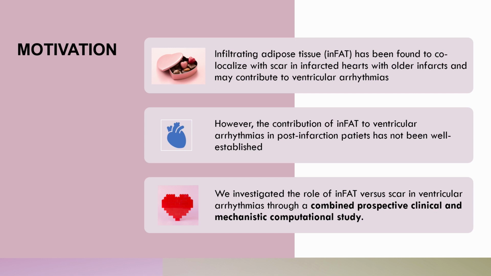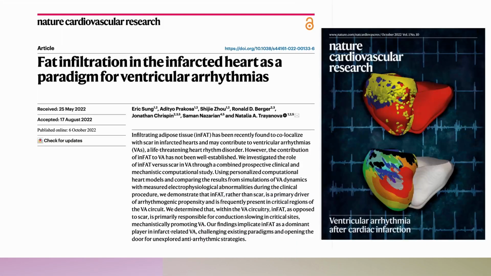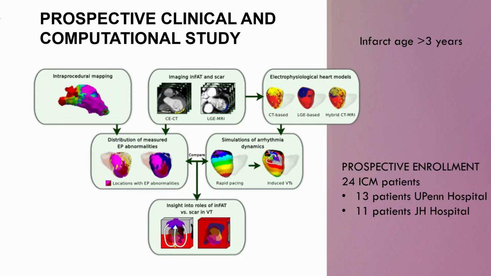And this was a really interesting study that we did. We did a prospective study. It's a combined clinical and computational prospective study. So we basically enrolled patients. The paper was published in the fall of '22, and that's another image. This is the fat penetration in this patient. Antonio showed that. It was a study also at UPenn and at Hopkins.